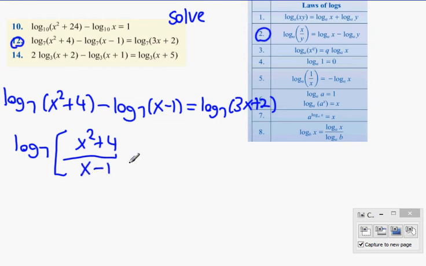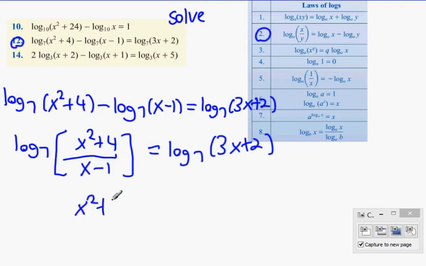Is everybody happy with that first step? Okay. Now, and only now, are you allowed to say, well look, log 7 is the same as this log 7 here. Because they're equal, whatever's in the bracket must equal whatever is in the bracket on the other side. So what we can say now is x minus 1 equals 3x plus 2.